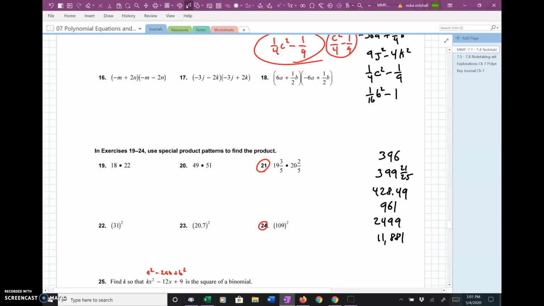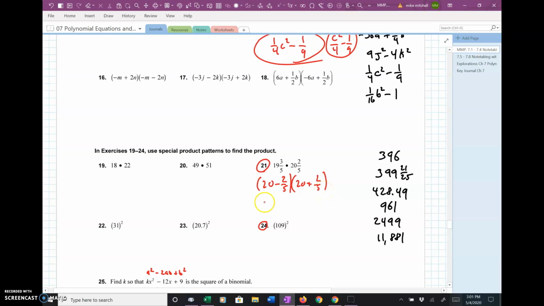Okay, multiplying out some of these ones down here. Geez, this is 2/5 below 20, 2/5 above 20. That's going to be like what we did up here. So I'm going to think of this as 20 minus 2/5, 20 plus 2/5.